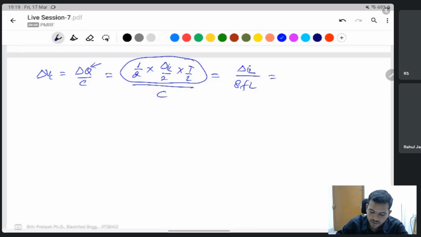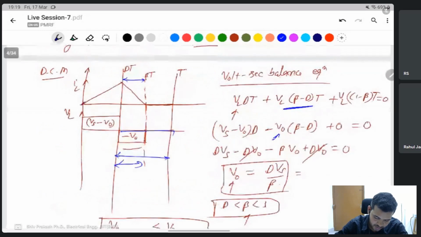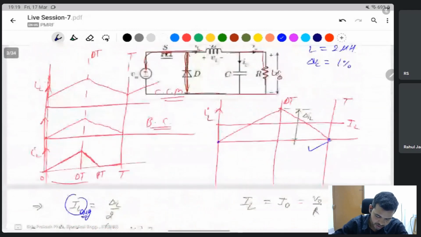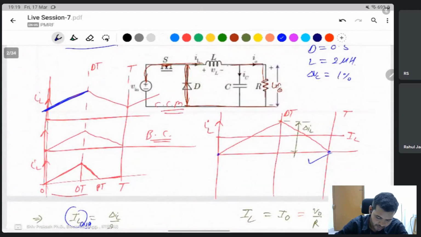Delta IL is the ripple during the switch-on period. In continuous conduction mode, take it from I minimum to I maximum.